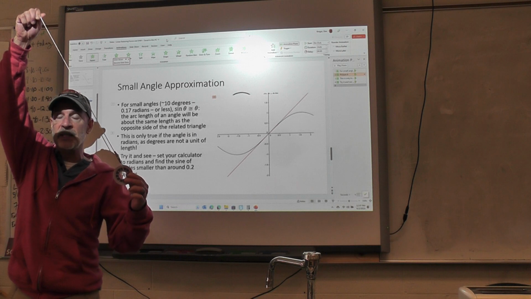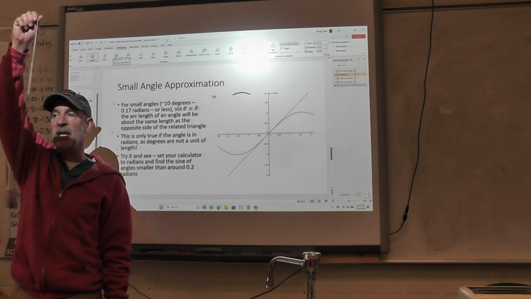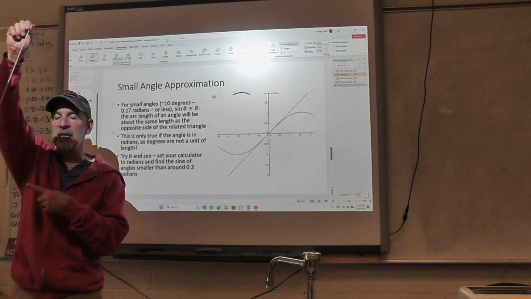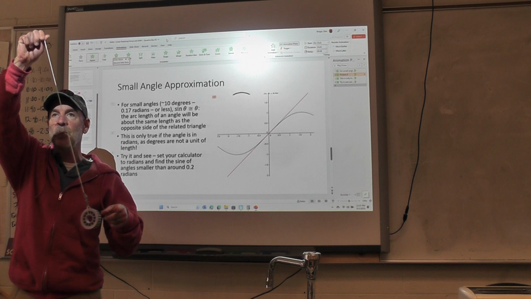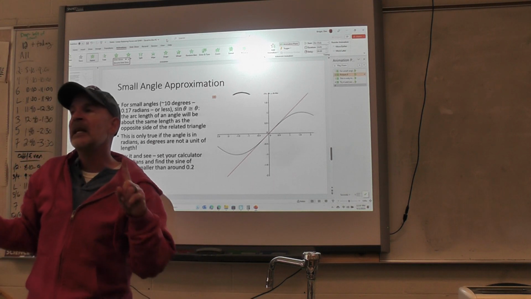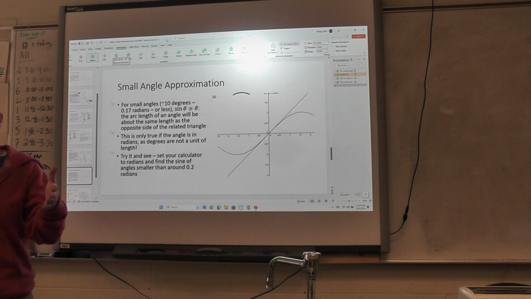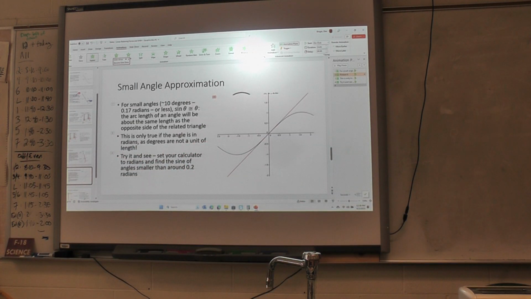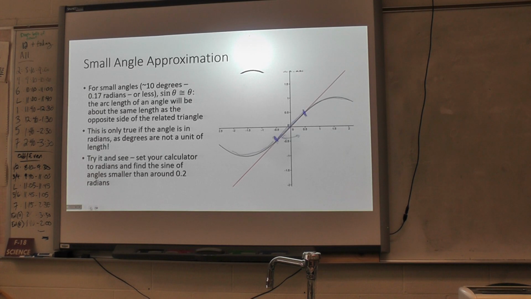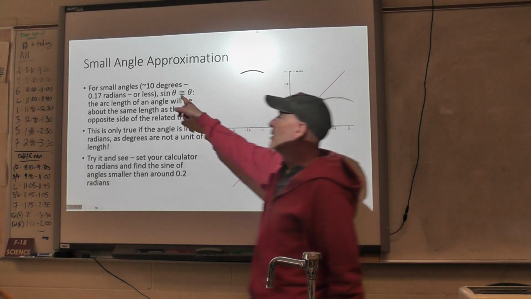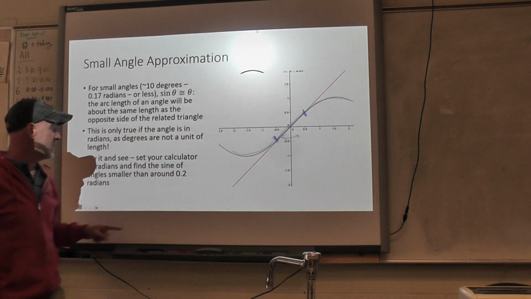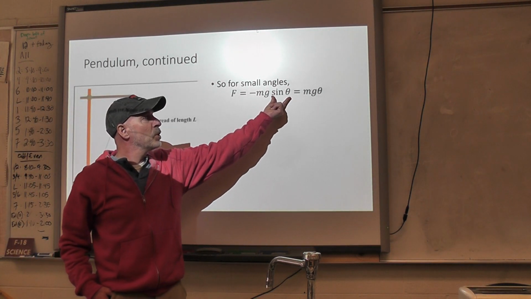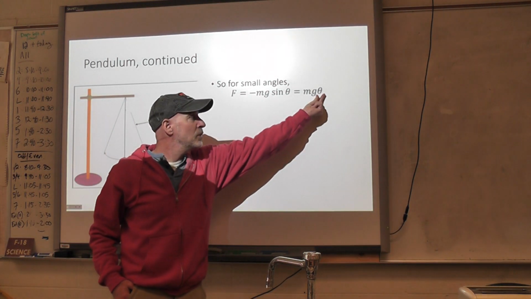So if we use that trick and we say that we're not gonna take our pendulum and move it up past about here, then the arc motion of this pendulum is effectively the exact same as its back and forth motion. As we get towards the end, it's moving a little bit up, but not much. Mostly it's moving left to right. So as long as it's moving only left to right, the sine of the angle in radians will be equal to the angle, and that means that the force will be proportional not to a sine function, but to a linear function.